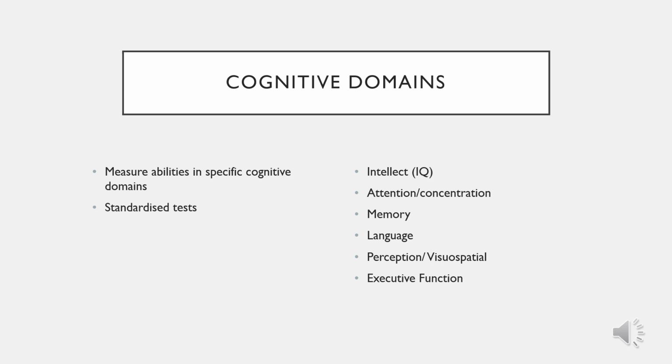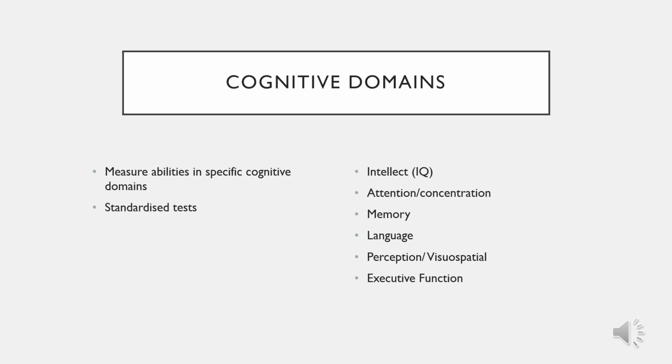Within each of those domains, there are a number of subdomains where tests look at specific areas of function. For example, a memory test might look at recognition memory, the ability to recognise things that have been previously seen. Or it may look at the ability to learn new information and hold it and retain it over different periods of time, or following a period of distraction.